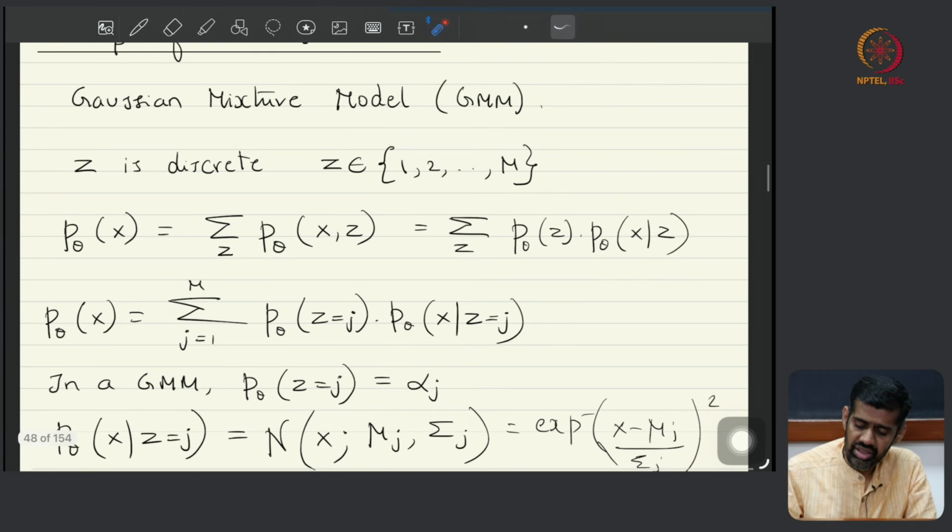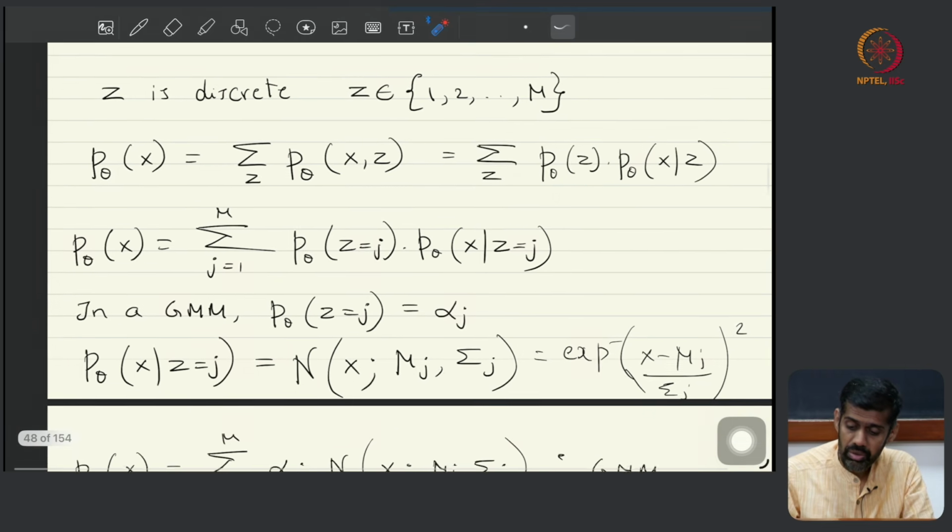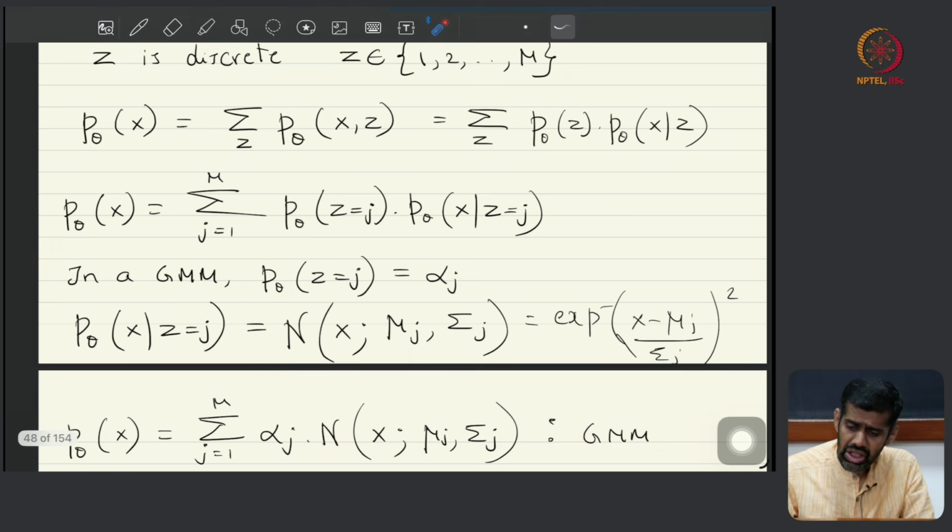Before that, the joint density between x and z can be written, as in all latent variable models, as the product of the marginal over the latent variable times the conditional of the data variable given the latent variable: p theta of z times p theta of x given z, which is the simple definition of the conditional density. In a latent variable model with discrete latent variables, the first term will become a mass function, because z is a discrete random variable.